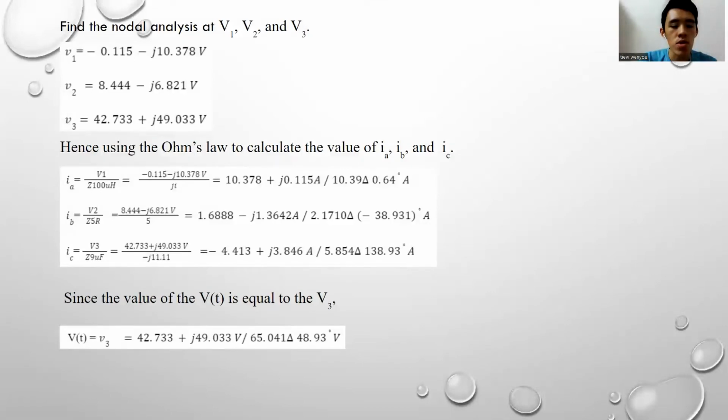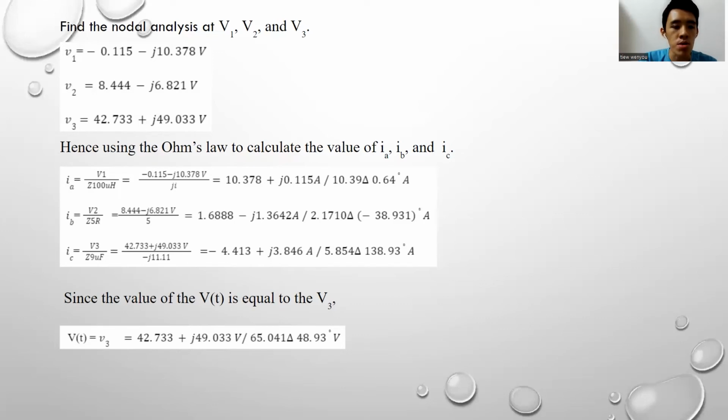IC will equal negative 4.413 plus j times 3.846 ampere, or we can say 5.854 angle 138.93 degree ampere.